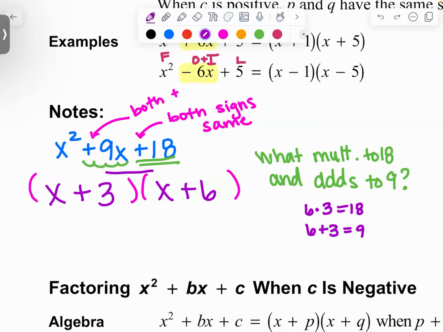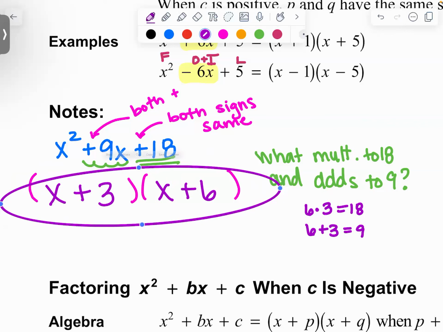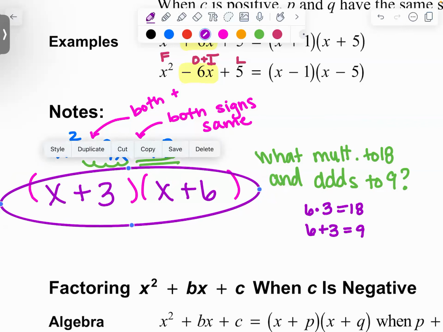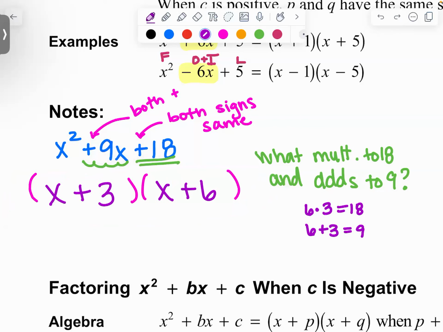There's our answer. Do you have to put them in that order? No, if you write x plus 6 times x plus 3, that means the same thing because multiplication is a commutative operation. It could be in either order.